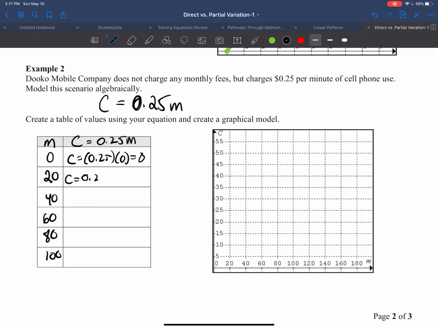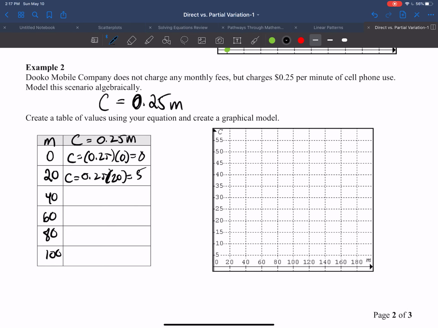Now if I do 0.25 times 20, that would be 5. For 40, it's going to be 10, then 15, 20, 25. So again, just like in the example above, we have coordinates 0, 0, 20, 5, 40, 10, 60, 15, and so on. And that's what we're going to graph.